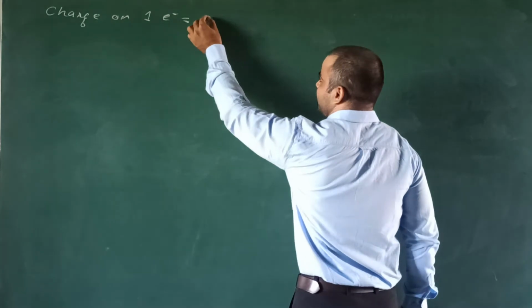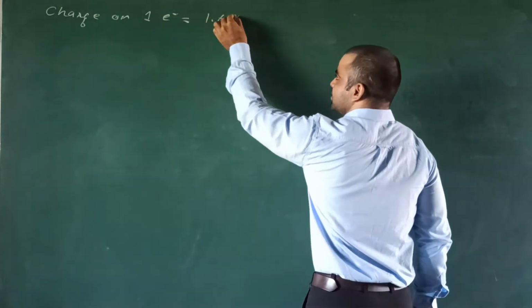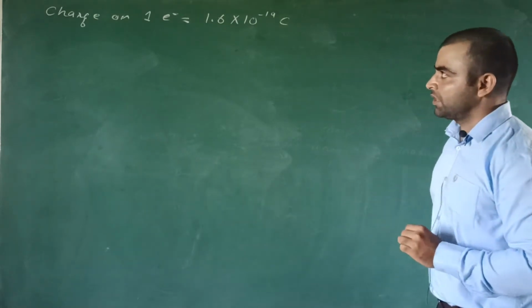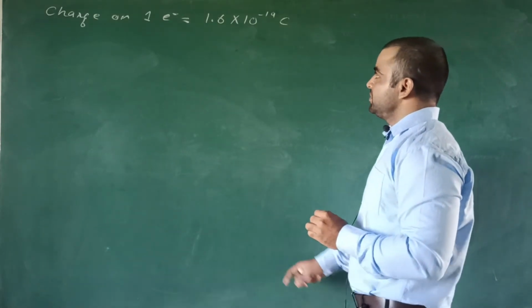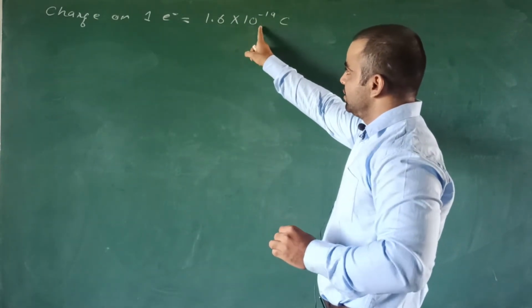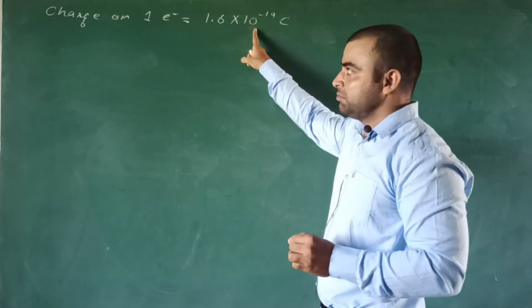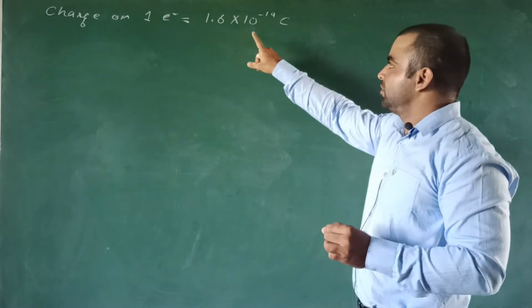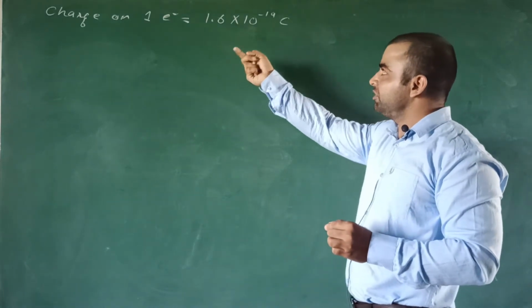The charge on 1 electron is 1.6 into 10 raised to power minus 19 coulombs. So a very small fraction of a coulomb is in 1 electron. Then how many electrons will be in 1 coulomb?